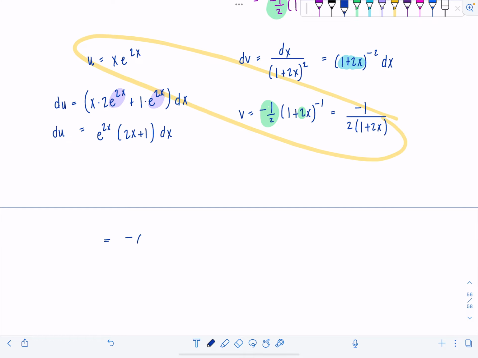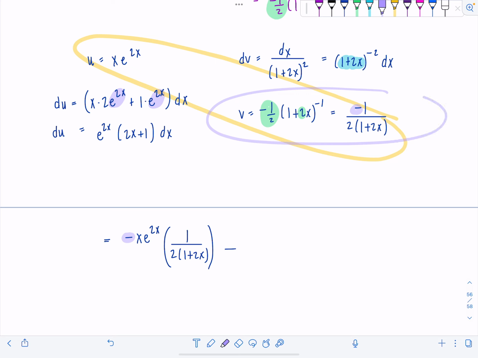So negative x e to the 2x times, over here we're going to have 1 over 2 times (1 plus 2x). I'll rewrite it cuter in just a minute. This negative, I already put it out front here. Okay, so that's uv minus, and then we need v times du.